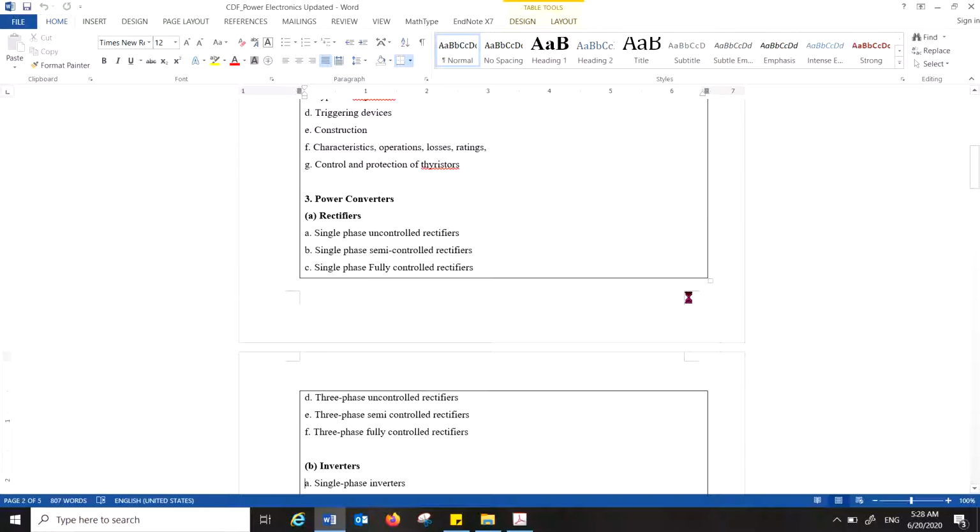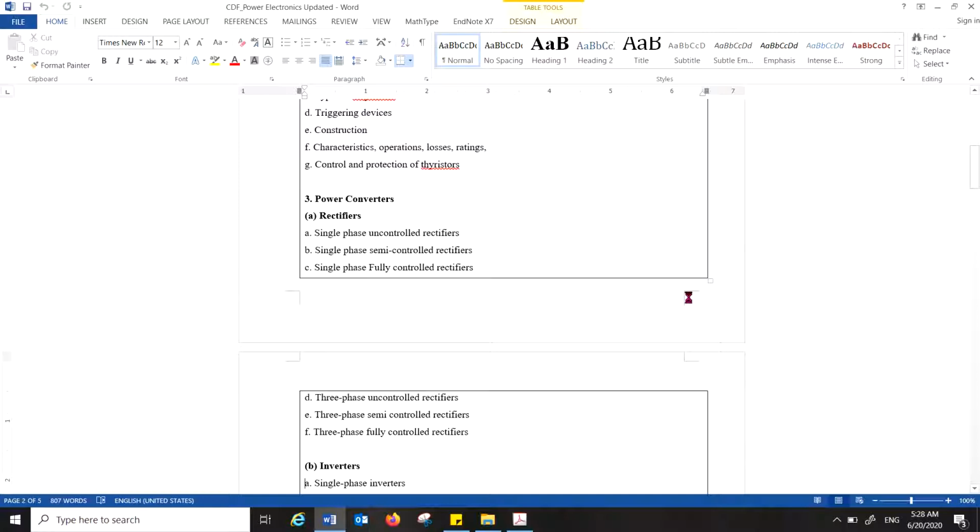In this case, this is very interesting: we are using a bridge where half of the circuit is constructed with thyristors, and half uses uncontrolled elements like diodes. Then the single-phase fully controlled rectifier, where we apply thyristors so that we can control the firing angles.